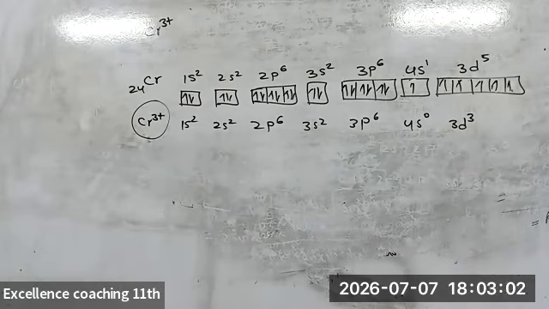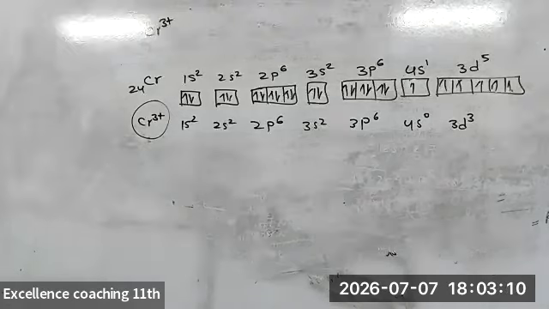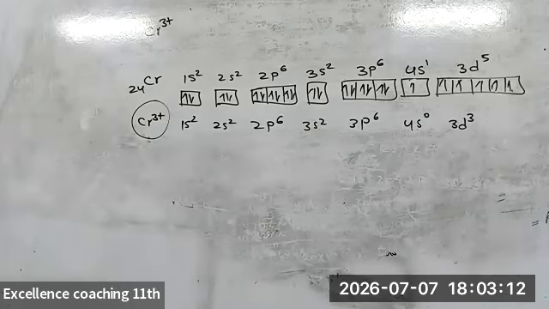You're writing for copper or copper plus 2? Copper. 4s is 0. 29, no?